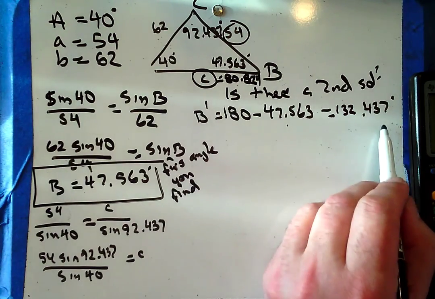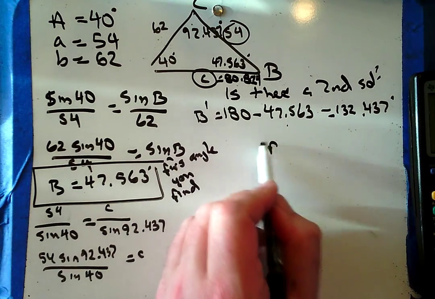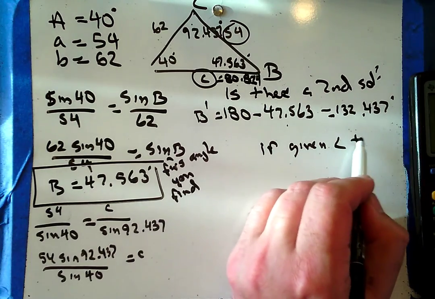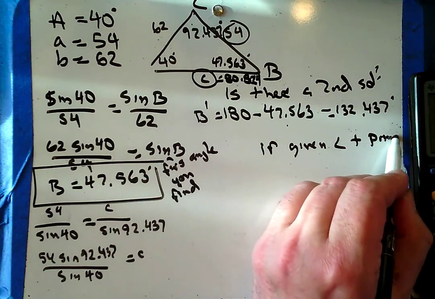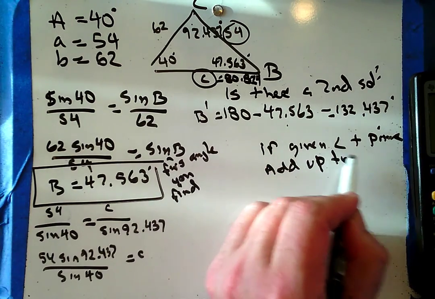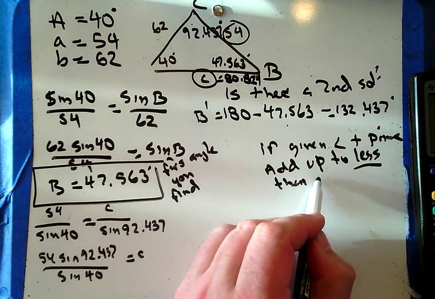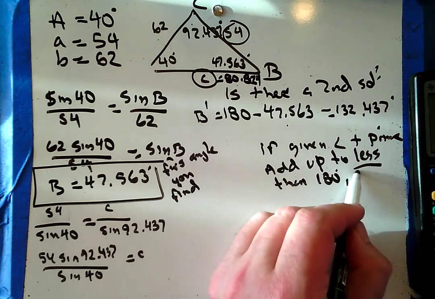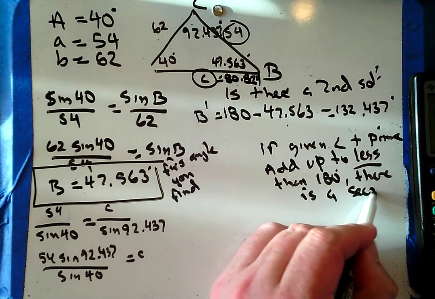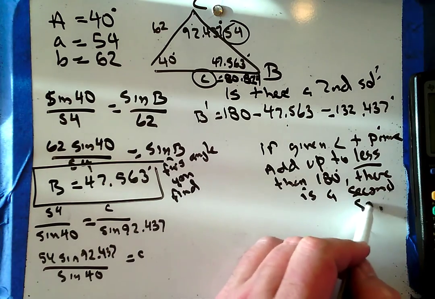Okay, so is there a second solution? Well, if the given angle plus the prime angle add up to less than 180, there is a second solution.